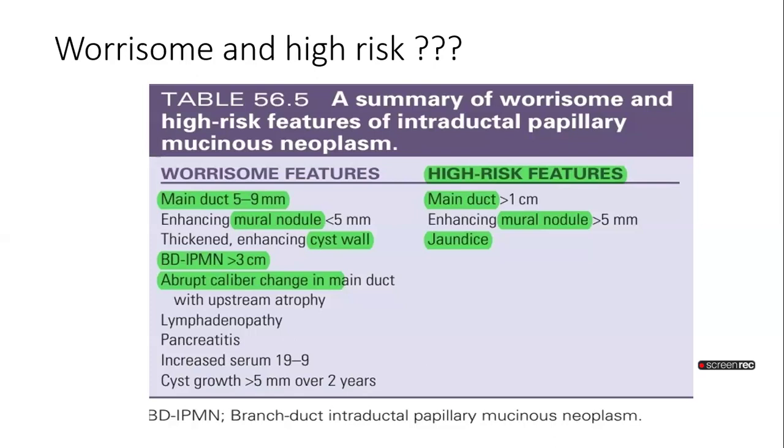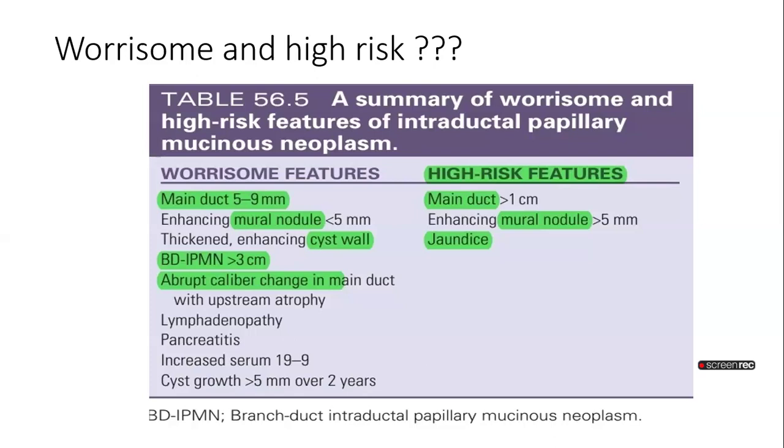So 3 are the jaundice, main duct more than 1 centimeter, and enhancing mural nodule more than 5 millimeter. These 3 points we should be very much thorough. Then we could eliminate other options. Okay, so jaundice, main duct more than 1 centimeter, enhancing mural nodule more than 5 millimeter.